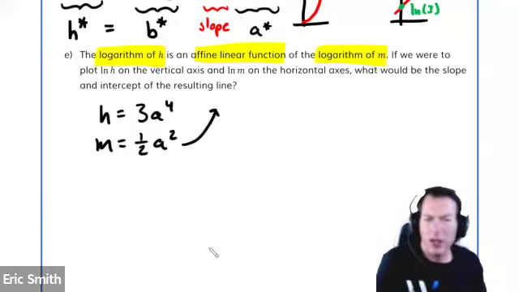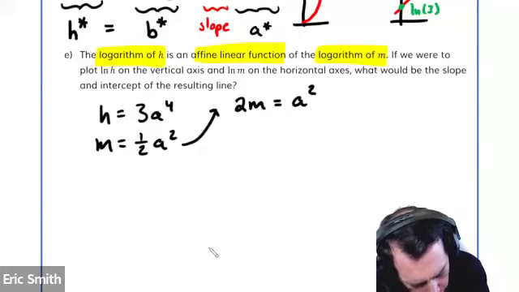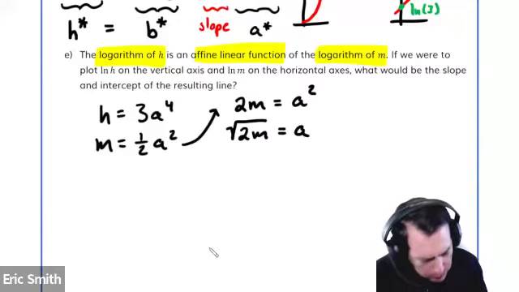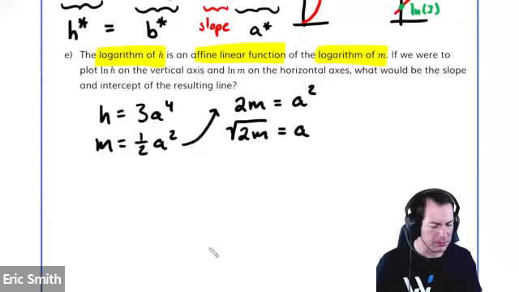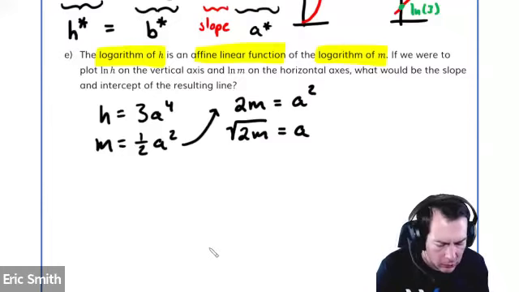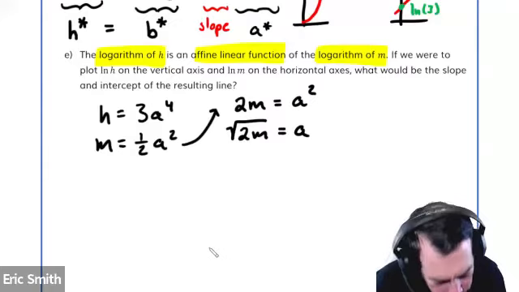So if I want to work on getting A all by itself, I could multiply both sides by 2. And then I could ultimately take the square root of both sides. So it's still the second model in a way, but it just has that mystery A isolated. So I can now take that and substitute it into my happiness model.